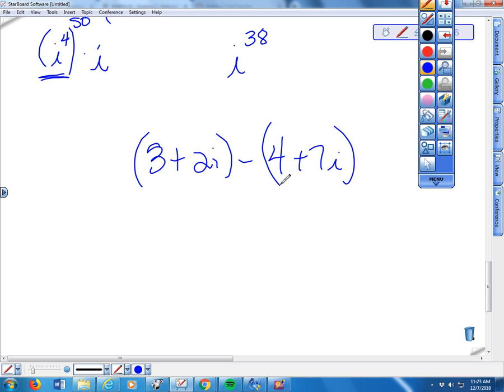So if I distribute this, I can drop the parentheses on the first one, and then I just combine my like terms. That's it. And you always write a complex number with the real portion first, the imaginary portion second. Okay? That's it.